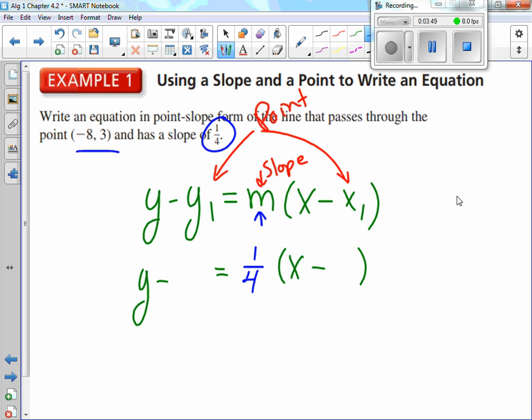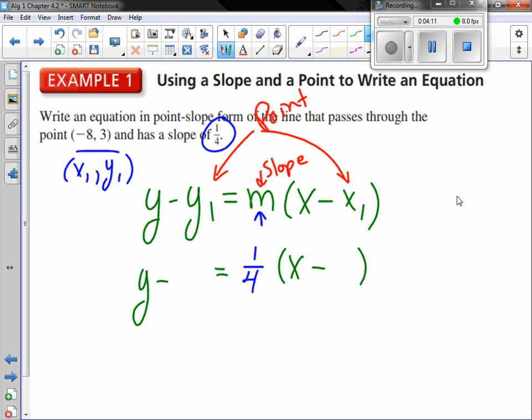Questions on this here so far? Now, what's our point? Our point is negative 8, 3, yes? So y1, well, that's going to be the y value, because for our given point, we're looking at it as x1 comma y1. We only really use that 1 to denote which one we're talking about, kind of like with slope, y2 minus y1 over x2 minus x1. Just denoting the point.